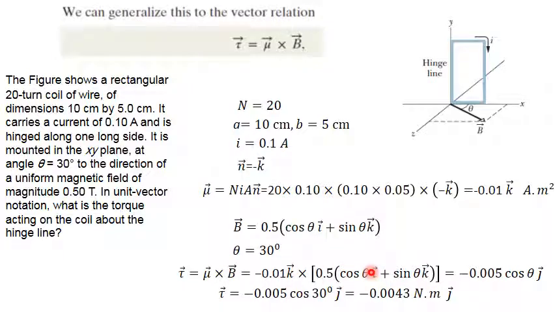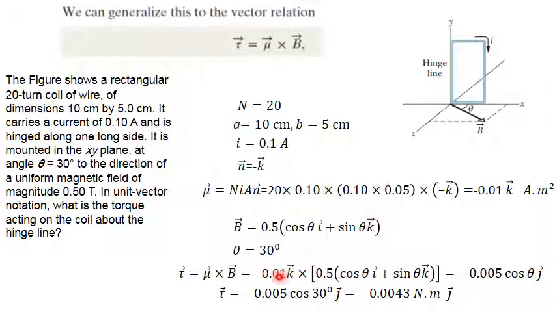K cross i, if we apply the right hand rule, would be in direction j. K cross k: the angle between k and k is 0, so the cross product between them would be 0. So in this case, this cross multiplication would be only k cross i.